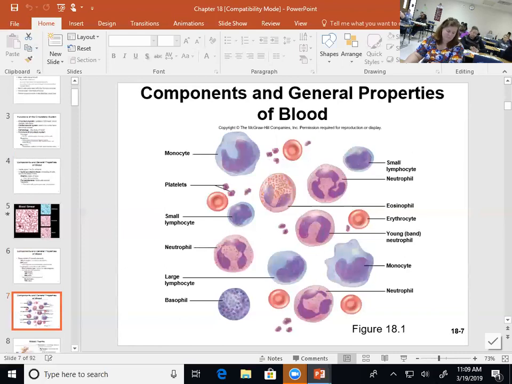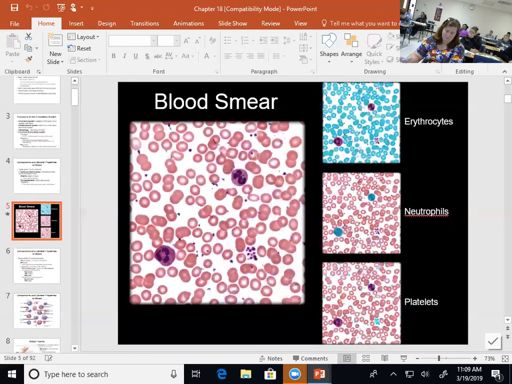Now, there are also these partial-looking cells that look like little pieces of debris on a slide. You're going to see them. You see these little bits here? By the way, when you're looking at your blood differential, you're always fine focusing up and down, because our cells aren't flat. When you get to the magnification you need, as you're moving your slide around the different fields of view, you're always fine focusing up and down and up and down, because your cells are three-dimensional.